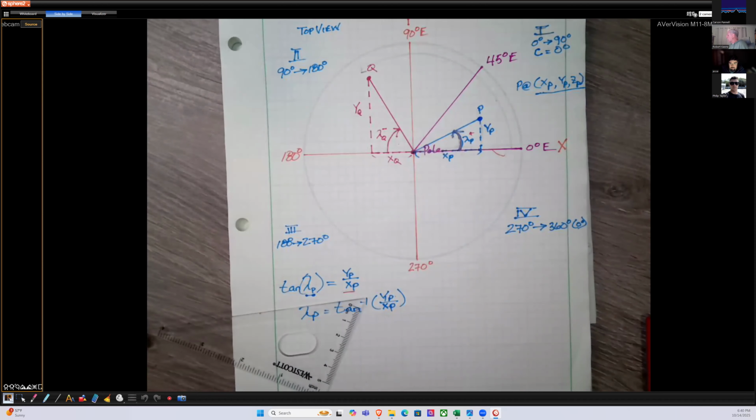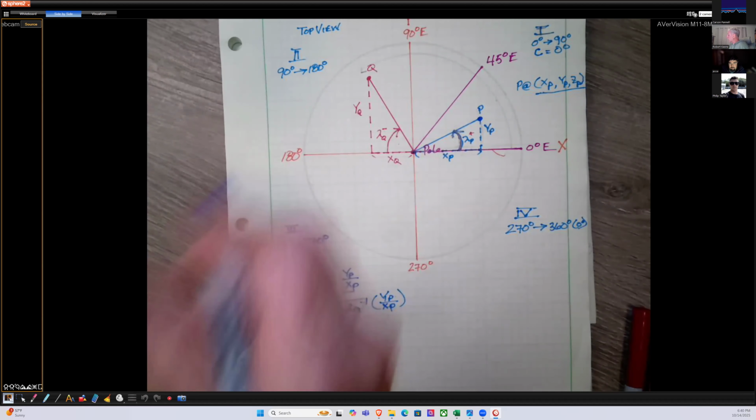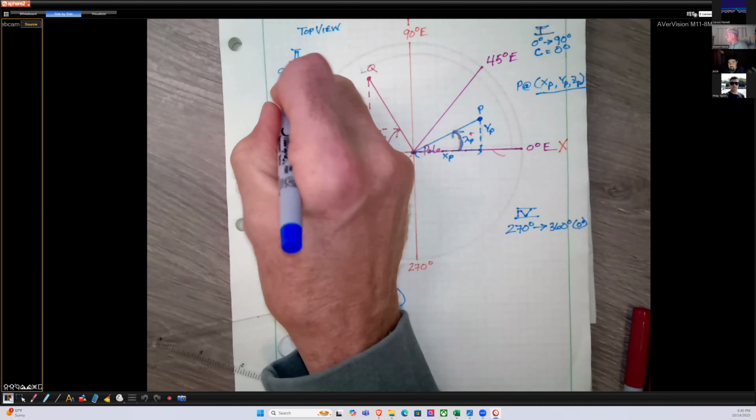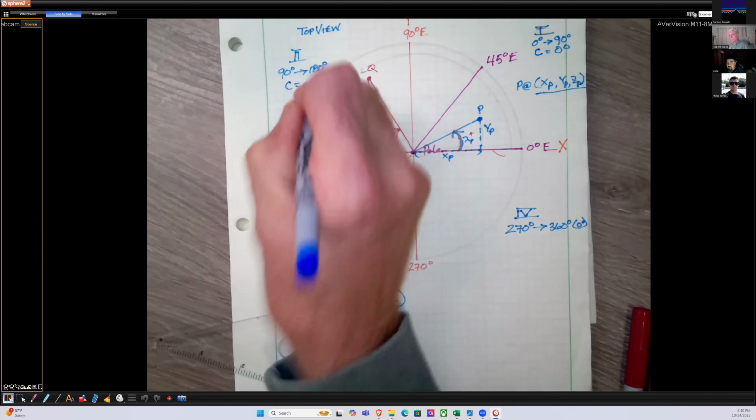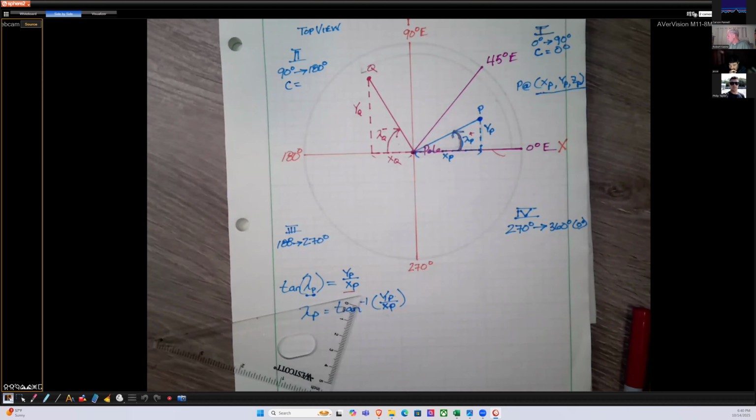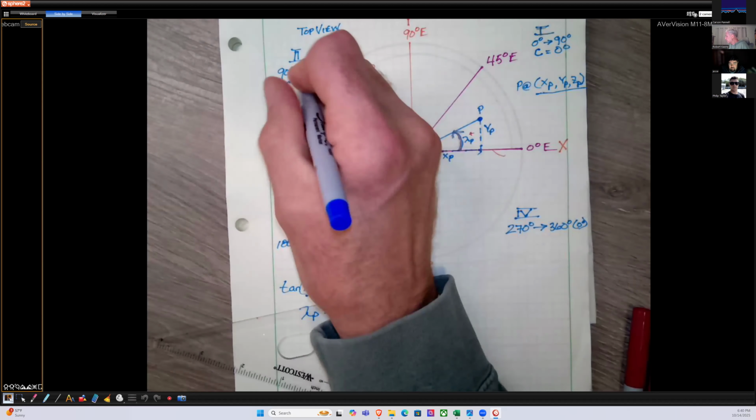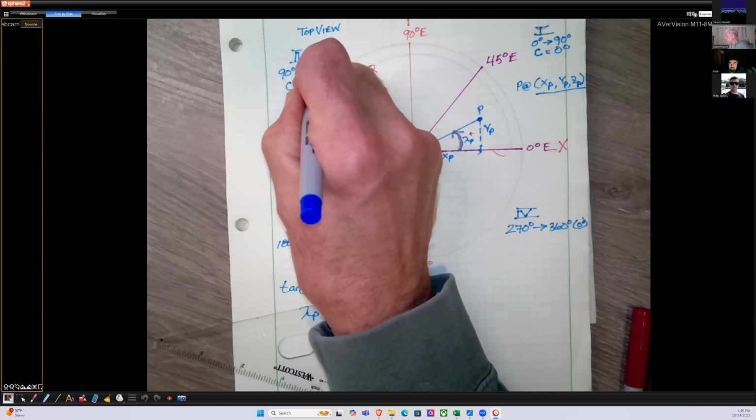So what do we need to add? What would our C value be in this case that we're going to add to our equation to get the value? You would just add 90, right? No, you would subtract 180. Add. Hold on. Yep, add 180.